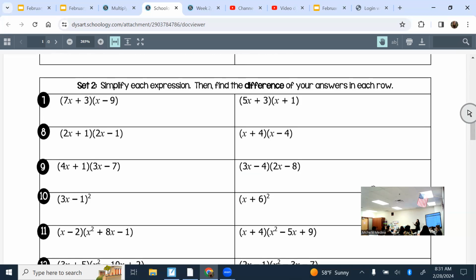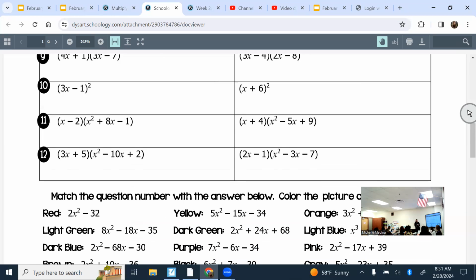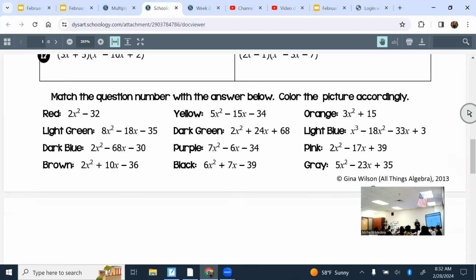It's still a really good skill, but that's what you would do if you needed to color it. Adding or subtracting the answers, depending on the instructions, you'll get one of these answers. And that'll tell you that for number 7, you color it dark blue and things like that.